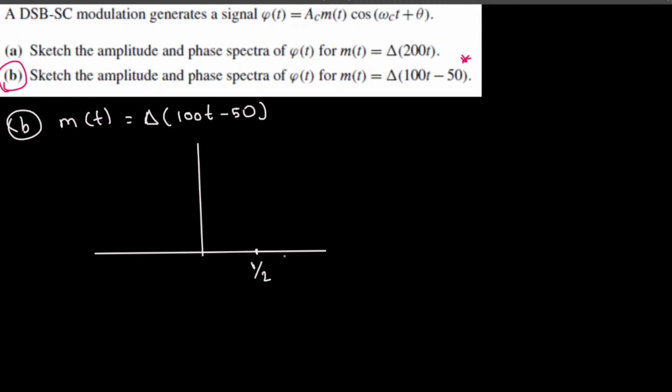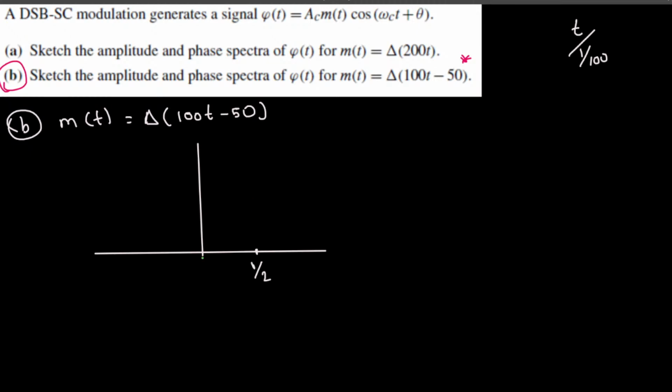And its width is going to be, if we write t in terms of a denominator, then I have to put a 1 over 100 in the denominator, so that I can have the t alone on the top. So that 1 over 100 is the width.